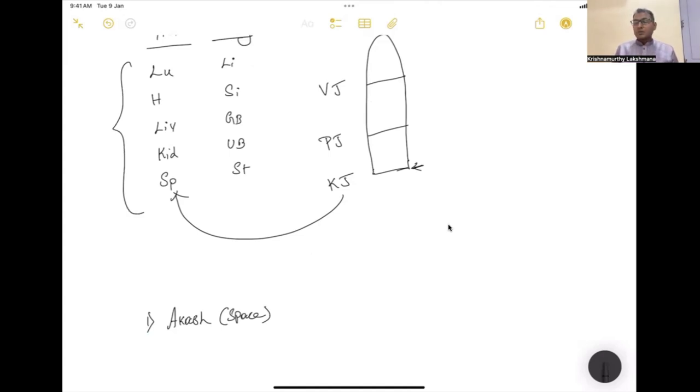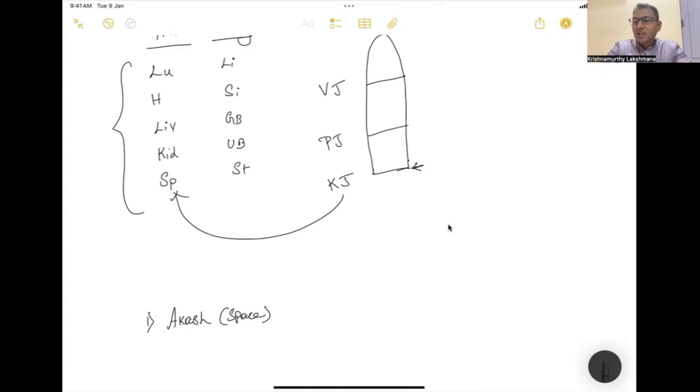Liver, because the liver is the biggest organ. Apart from that, what else? Stomach, because it has empty space. Lungs don't have space.